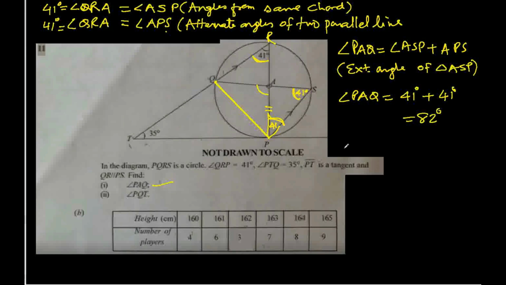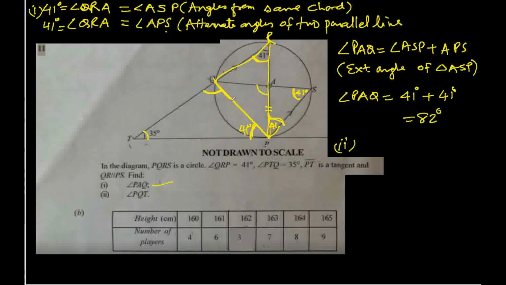Okay, this is the first part. Let's go to the second part. The second part says PQT, this angle we have to find out. If somehow we find this angle, we already know 35 degrees, so we can find the third angle. If you focus on this triangle, this angle will be 41 degrees because of the alternate segment rule.